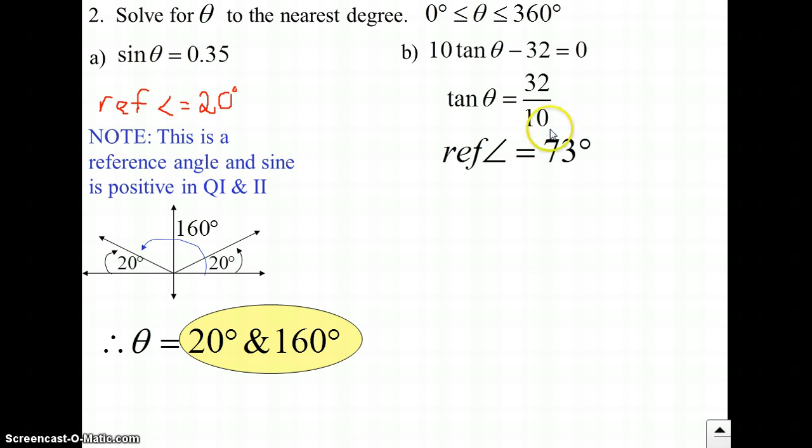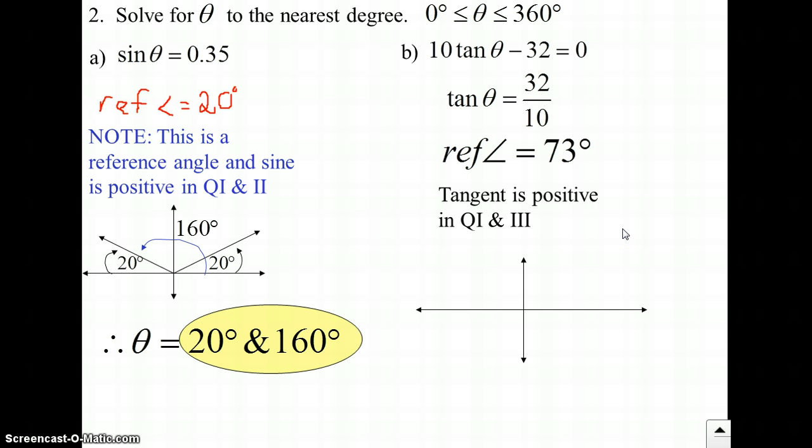We then ask ourselves, this tangent ratio is positive. So where is the tangent ratio positive in our CAST rule? Well, tangent's positive in quadrants 1 and 3. So I draw my coordinate plane. I draw a reference angle of 73 degrees in quadrant 1, and I draw a reference angle of 73 degrees in quadrant 3.